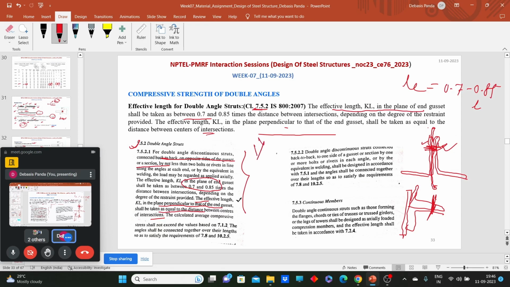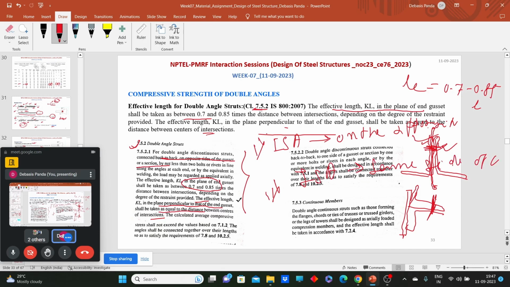One, my two angle sections, two ISA, are on the opposite side of the gusset, or the second case is my ISA are in the same plane of the gusset, on the same side of the gusset.